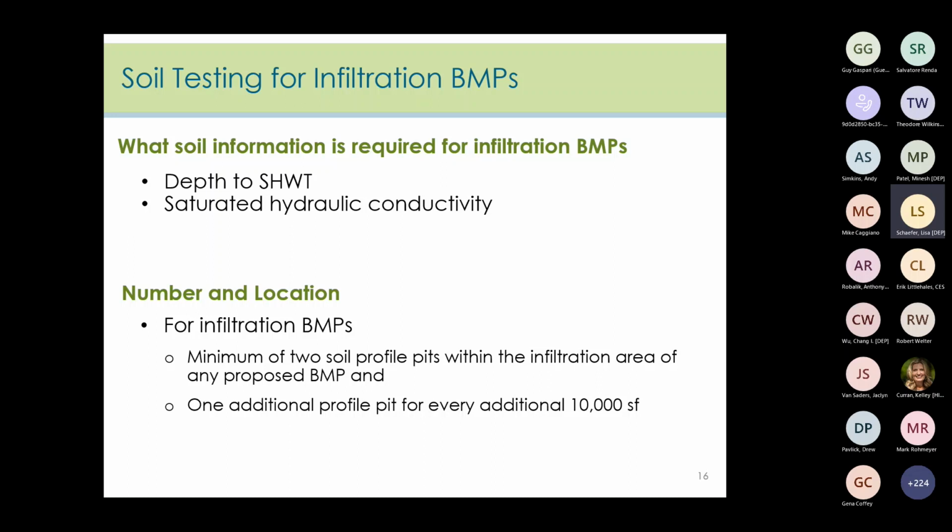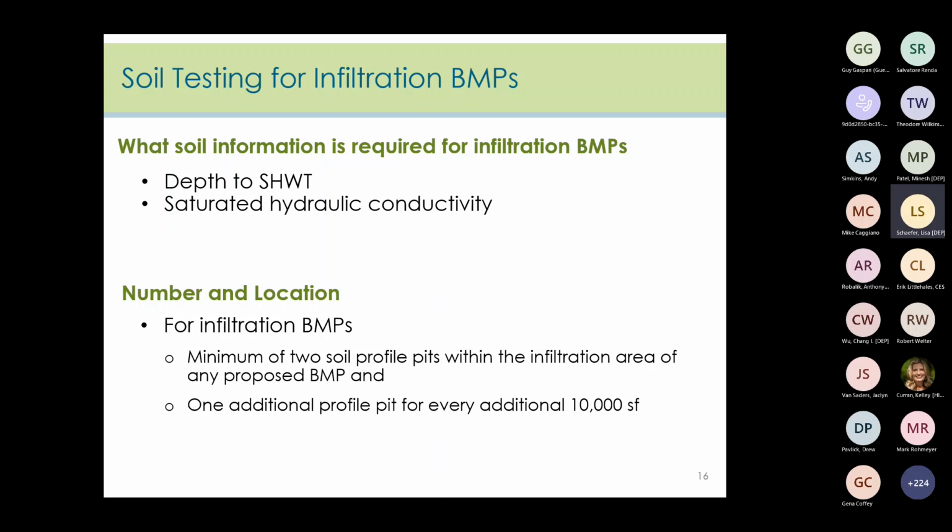Now, placement of the test pits must be sufficient to provide adequate characterization of the infiltration area. And for BMP infiltration areas that are larger than 10,000 feet, a minimum of 1 additional soil profile pit must be conducted for each additional area of 10,000 square feet.